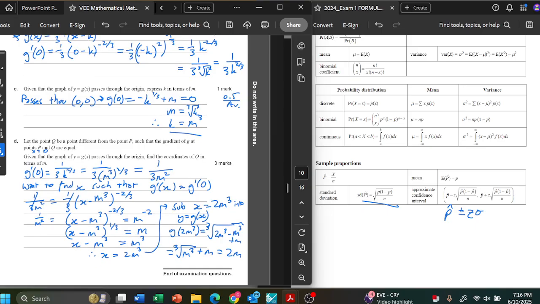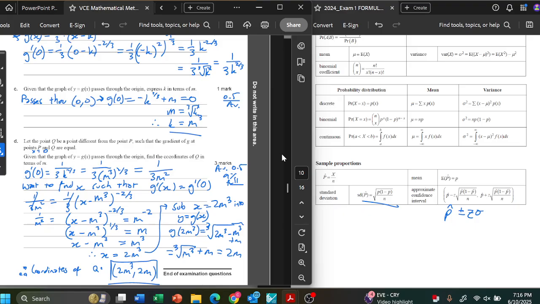So therefore, the coordinates of Q are 2m cubed, 2m. And that is the final answer to that question. That last question, by the way, had an average mark of 0.5, and only 9% of students got that one fully correct. So pretty tricky question to end the exam on.